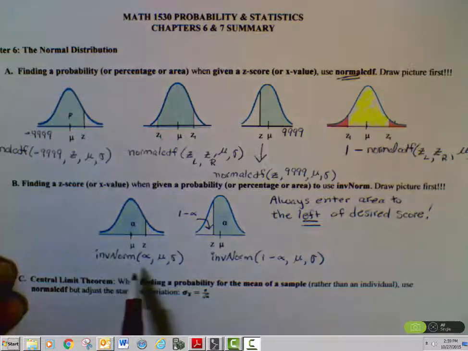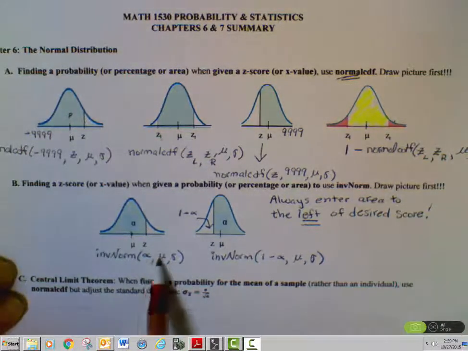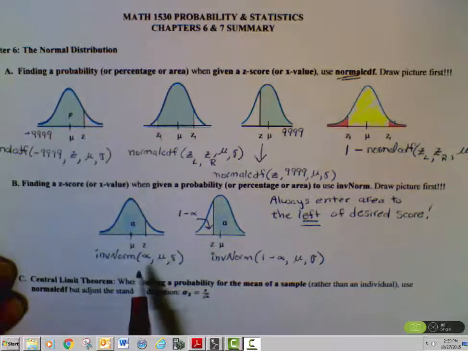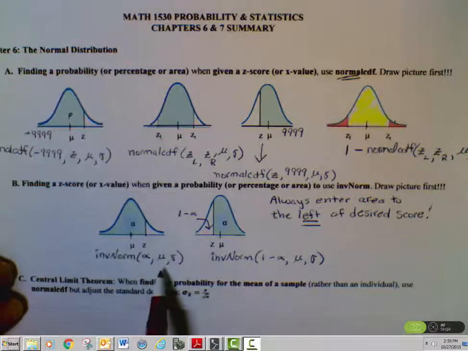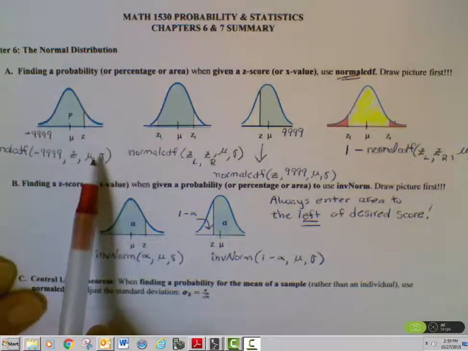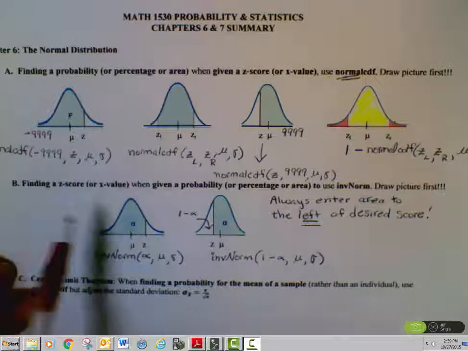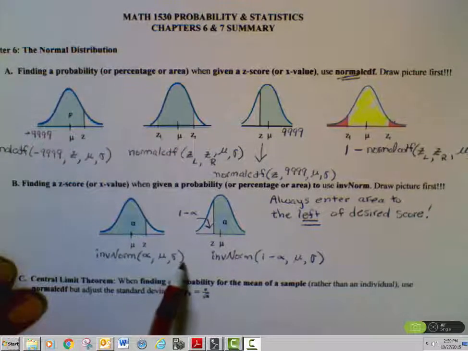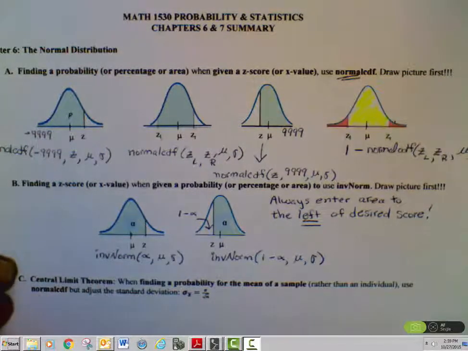You can go ahead and enter 0, 1, but if I just close the parentheses after alpha, my calculator is going to assume that I'm dealing with a standard normal distribution, and it's going to know the mean is 0 and the standard deviation is 1. In 6.3, we weren't dealing with standard normal distributions, and that's when we had to include the mu and the sigma inside the parentheses, whether we were using normal CDF or inverse norm.